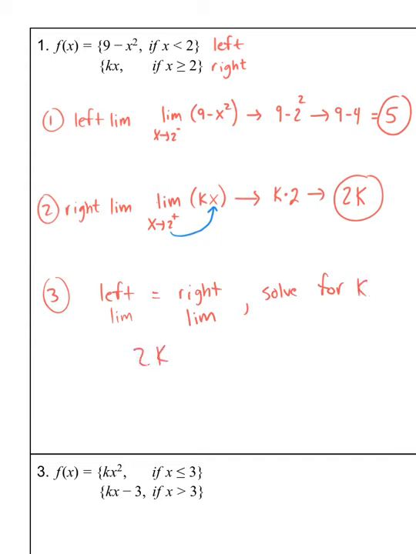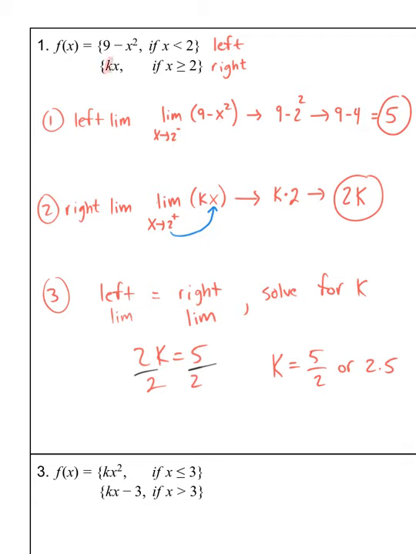So 2k is equal to 5. If we divide both sides by 2, we get k is equal to 5 over 2, or 2.5. To check, go back and plug in 2.5 for k and graph the piecewise function on your calculator and go through the steps to check it.